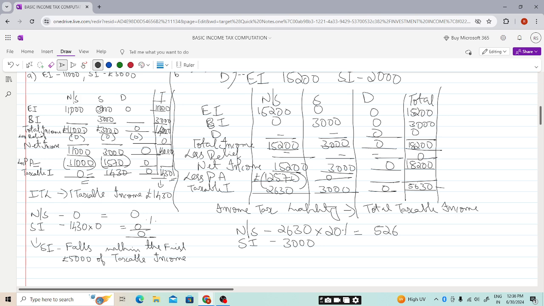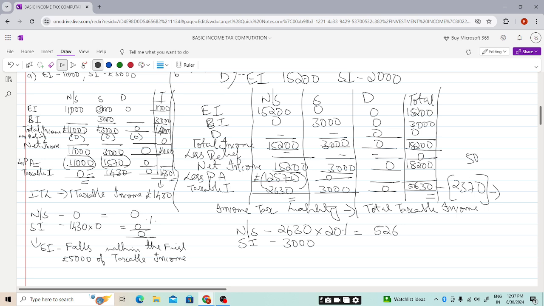The total taxable income is 5,630. In that, 2,630 is covered by non-saving. So we are still left with a certain amount. What is the certain amount? 5,000 minus 2,630, so 2,370 is the amount available after reducing from the non-saving income.